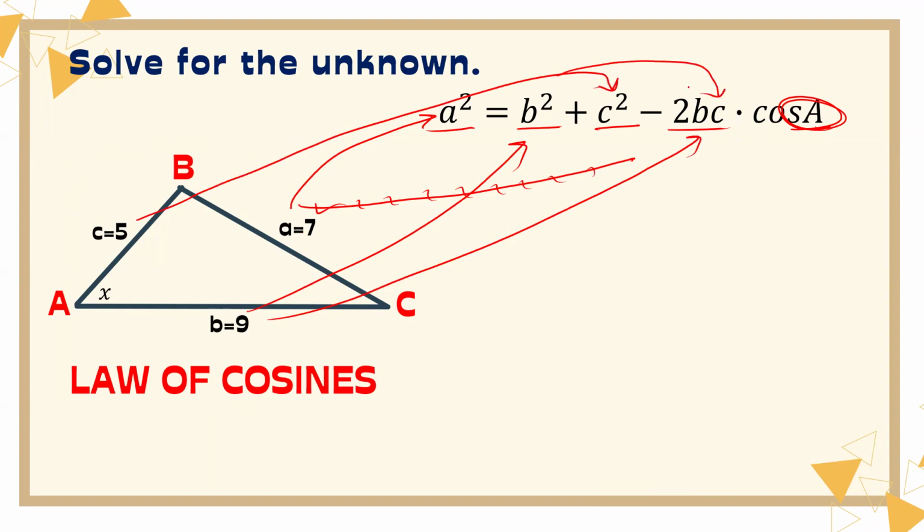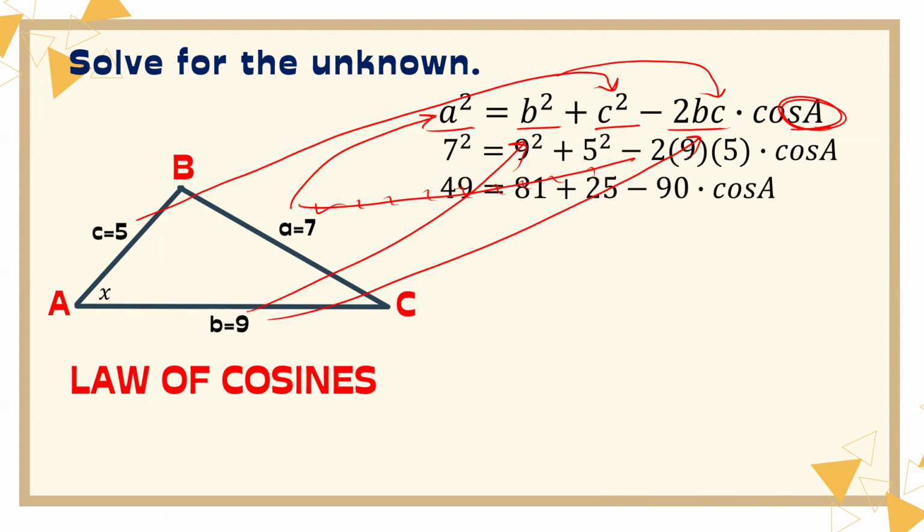So substituting that properly, you have 7 squared equals 9 squared plus 5 squared minus 2 times 9 times 5 times cosine A. Simplifying that, 7 squared is 49, 9 squared is 81, 5 squared is 25, 2 times 9 times 5 is 90 times cosine A. Simplifying further, 49 equals 106, 81 plus 25 is 106, minus 90 cosine A.